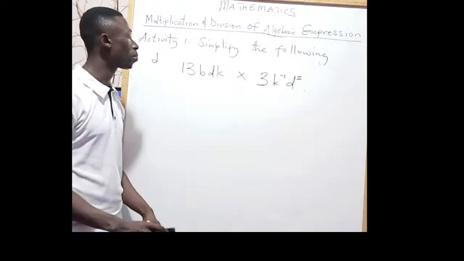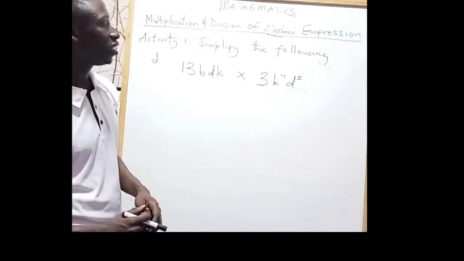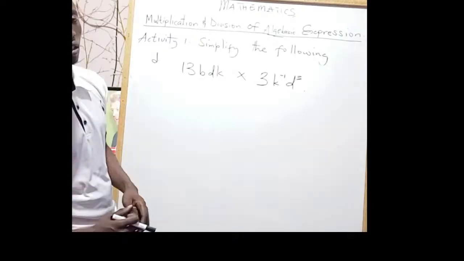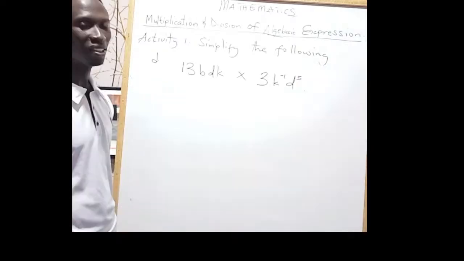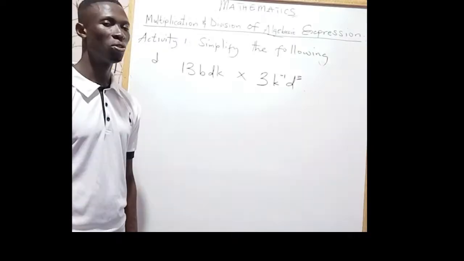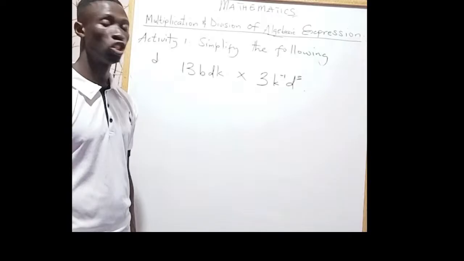Now, 13 b d k times 3 k to the power negative 1 d to the power 5. Try your hands on this. You have 10 seconds. Then you can drop your answer in the comment section.